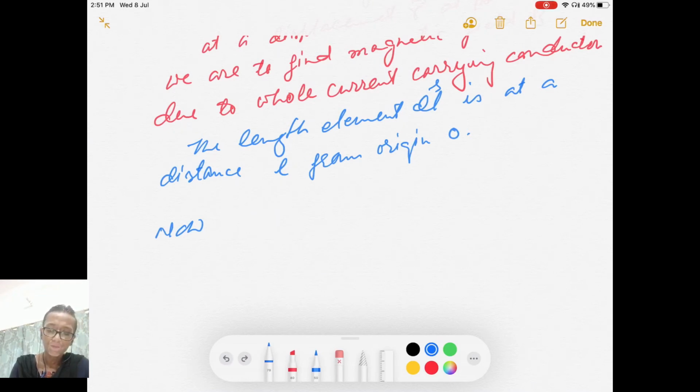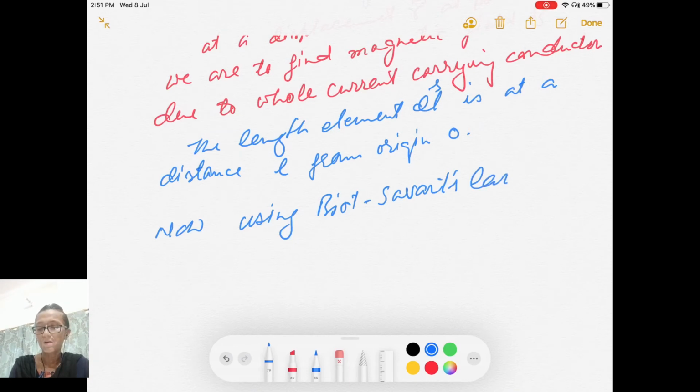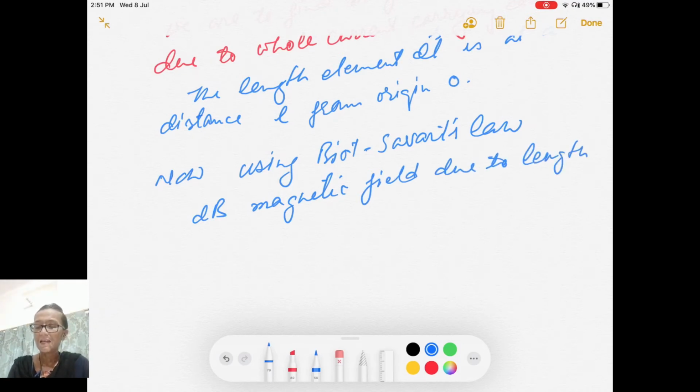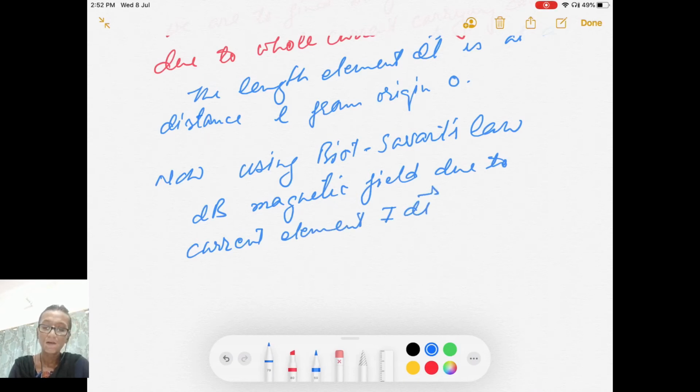Now using Biot-Savart's law, we know that the magnetic field dB due to a current element, because field develops due to the current element, I dl, length element into I, is called the current element.